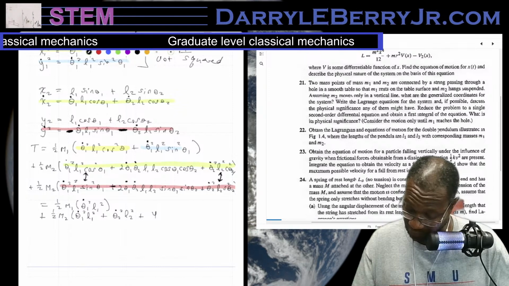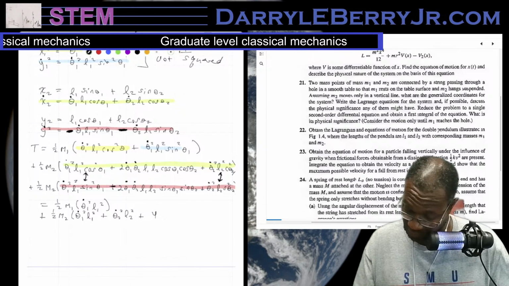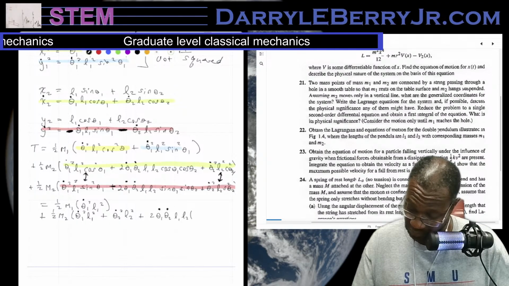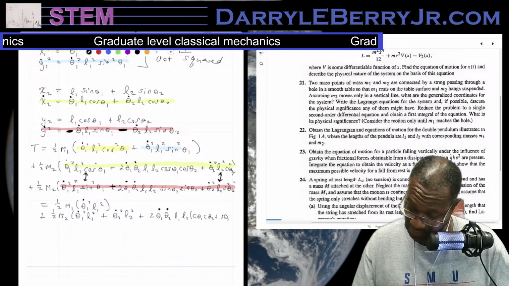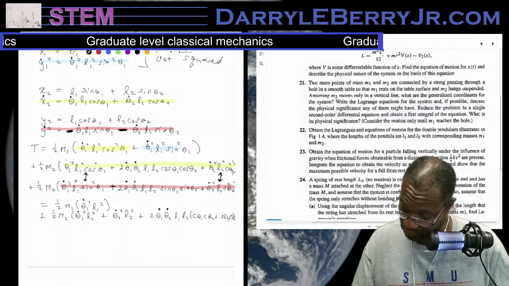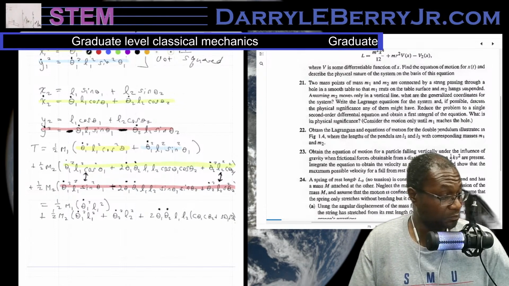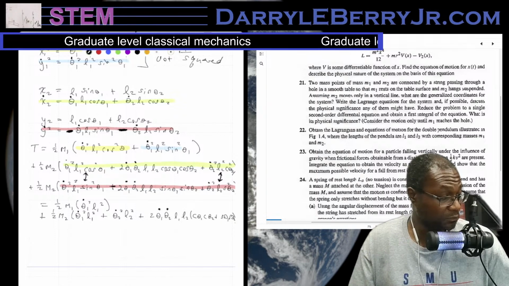Plus 2 theta 1 dot theta 2 dot L1 L2 cosine theta 1 cosine theta 2 plus sine theta 1 sine theta 2. Close that. That looks right.